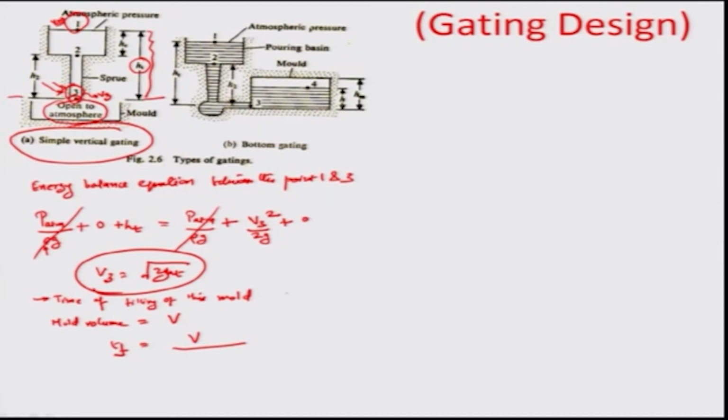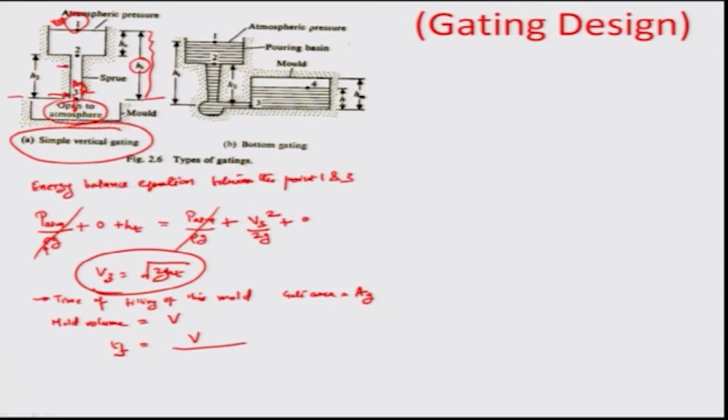If I assume the gate area to be A g, which is the area right about here. Let me just rub all this off to tell you exactly which region is the gate. So, this right here is the gate region through which the material is entering the mold cavity, and this cross sectional area is A g.